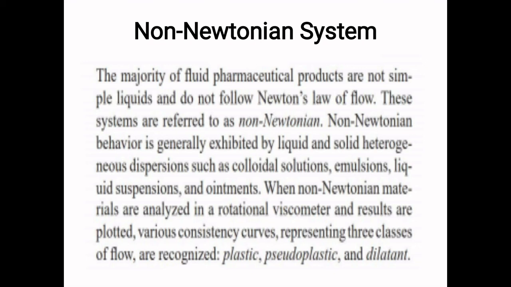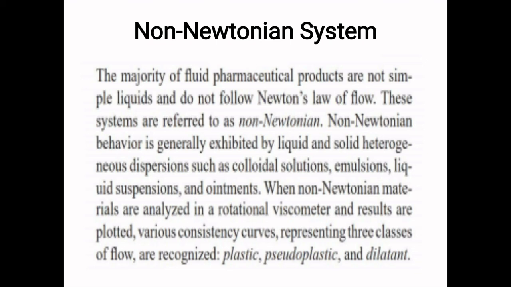When non-Newtonian material are analyzed in a rotational viscometer and results are plotted, various consistency curve representing three classes of flow: plastic flow, pseudoplastic flow and dilatant flow. So under the non-Newtonian system there are various curves obtained, and depending on that curve we classify non-Newtonian fluid into three types, that is plastic flow, pseudoplastic flow and dilatant flow.